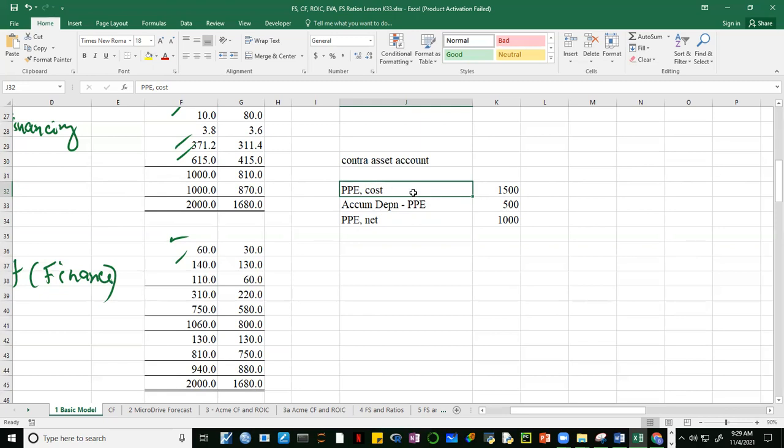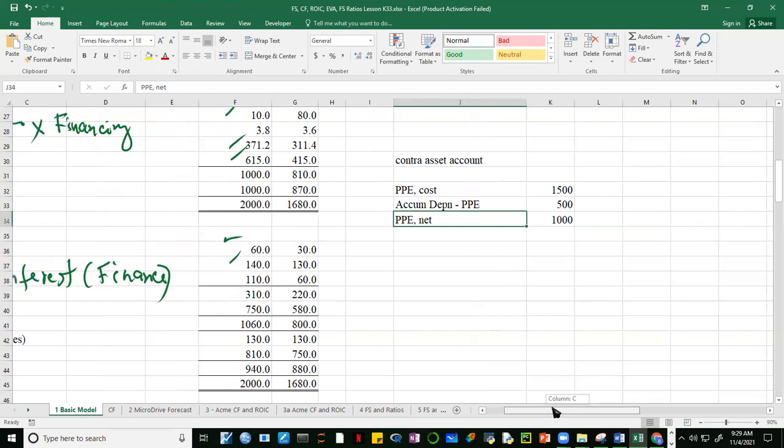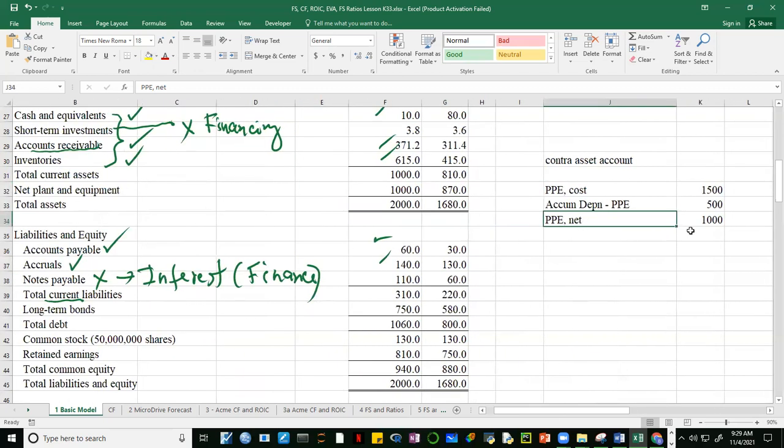Usually you'll have notes to the financial statements enumerating the different types of property, plant, and equipment together with their specific accumulated depreciation accounts, and then their PPE. So these are just the consolidated amounts. Sometimes you'll just see the PPE net.